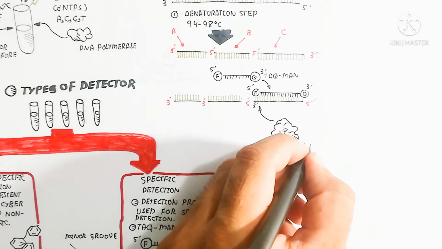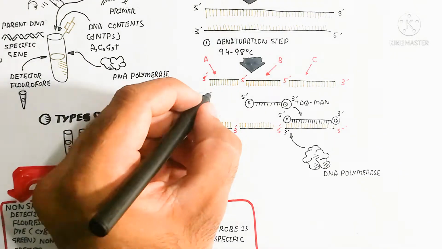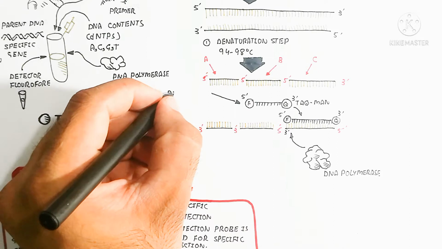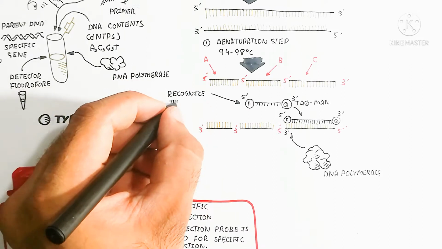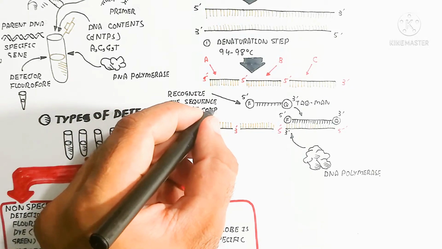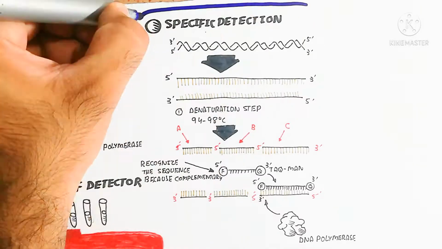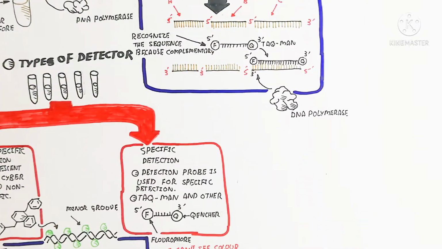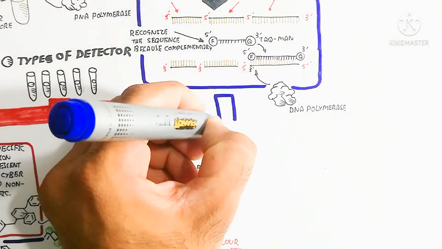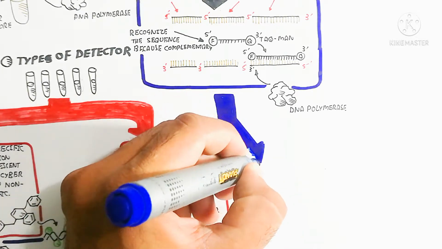For example, with a DNA segment, we are checking a specific nitrogenous base sequence or specific region, so that is why we are using the primer. When the primer binds the specific site, it releases the quencher and the fluorophore. When the fluorophore is released, it produces color. So let's begin to understand the annealing process.